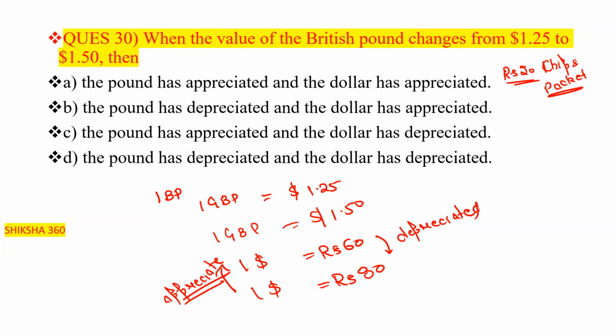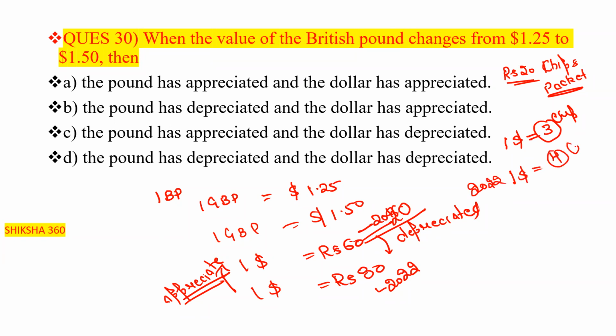Clear? One chips packet. So in the year 2020, with the help of $1 we are able to purchase 3 chips packets. And in the year 2022, with the help of $1 we are able to purchase 4 chips packets.